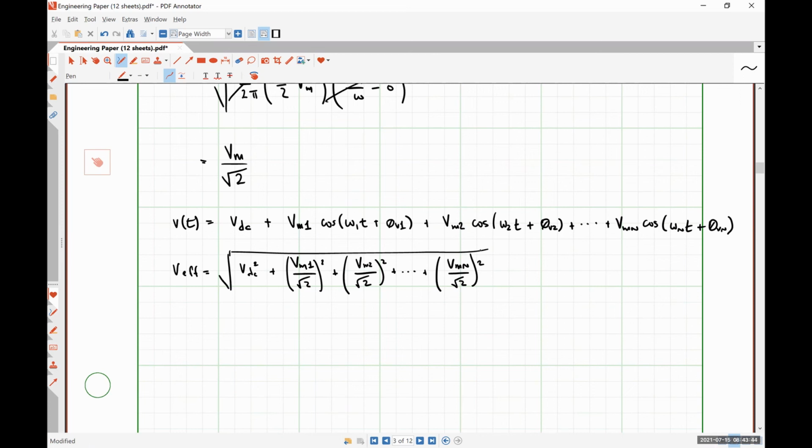So what we're doing is we're trying to find, with these effective values, the average power that is being supplied to or being absorbed by a particular component. So instead of breaking everything down bit by bit and then trying to find the instantaneous power and then using that to find the average power, we have an alternate route.